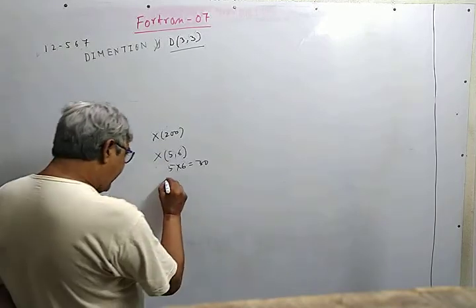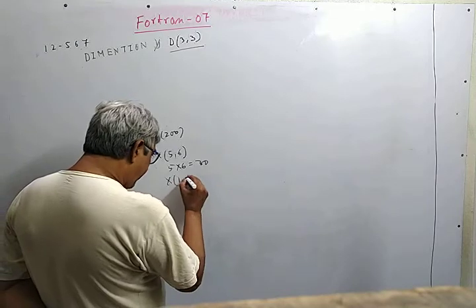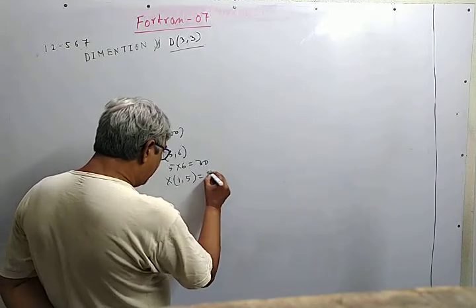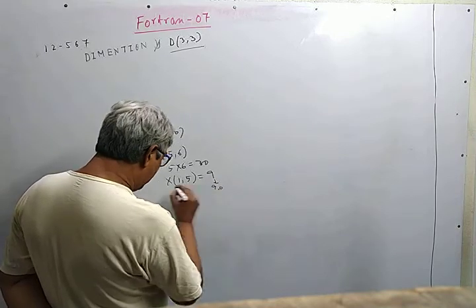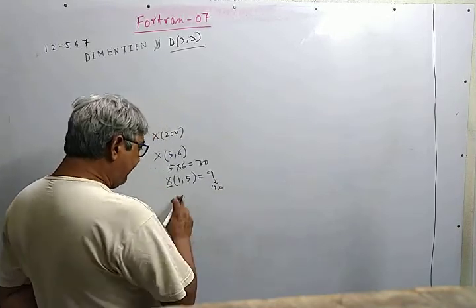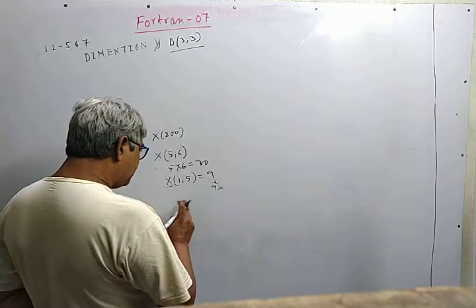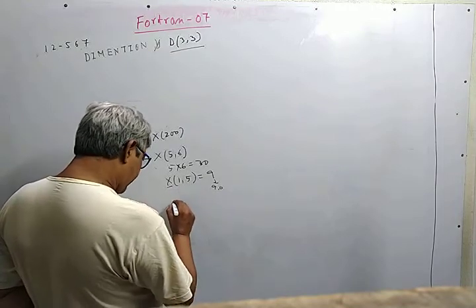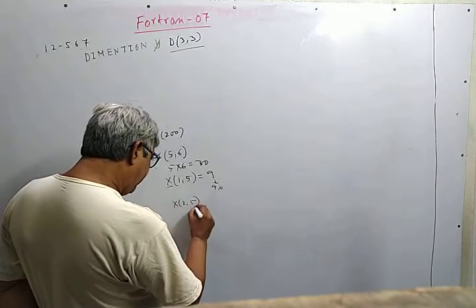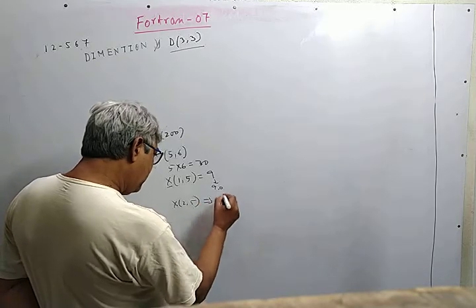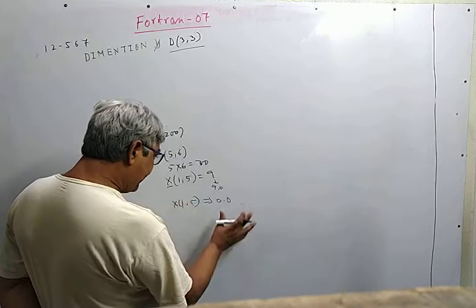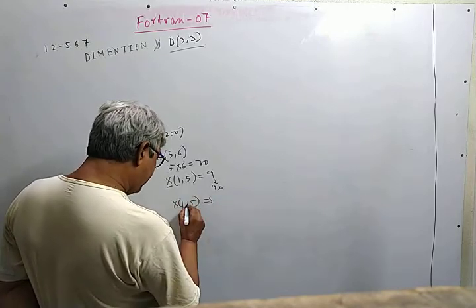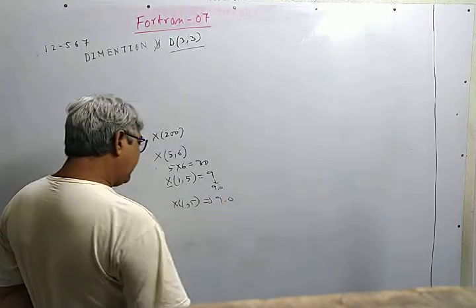If we write x(1,5) is equal to 9, then it automatically makes it 9.0 because x is a real variable. So whenever you ask to write x(2,5), it will give you 0 because it has not yet been defined. But if you ask to give x(1,5), it will give you 9.0.